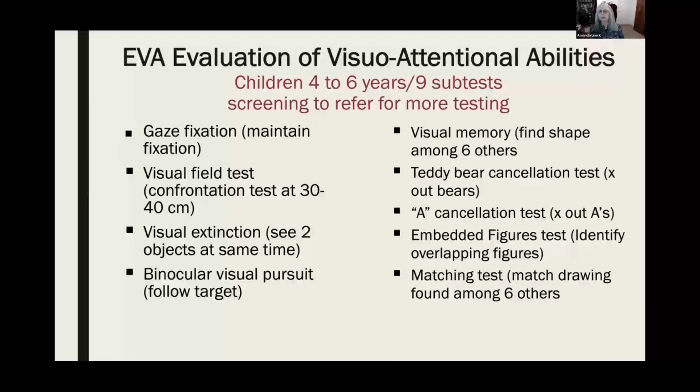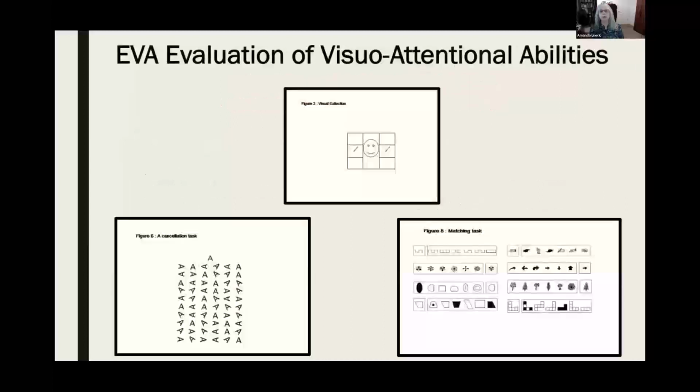The teddy bear cancellation test, which I went through, the A cancellation test. There's an embedded figure test where you can identify overlapping figures, and a matching test to match drawings found amongst 6 others. And here are some of the items on the EVA test, or an explanation of the items.